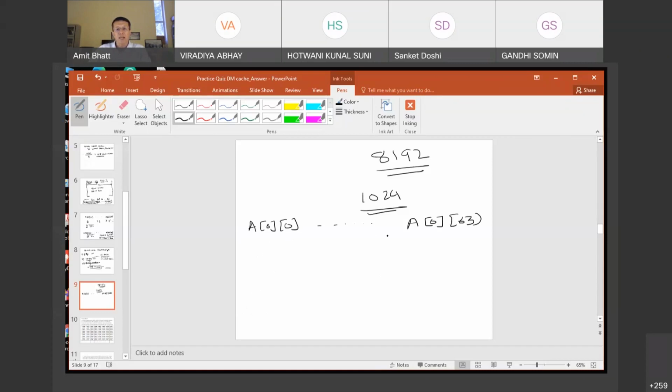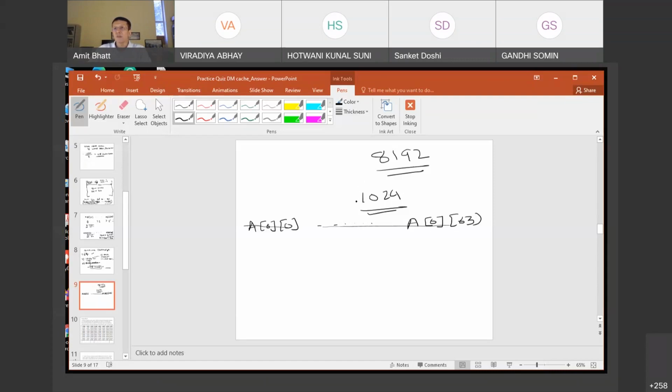So tell me how many such rows can be filled in a 1024 word cache, and which is the first cache line that would overwrite this. You should get back to your tag and index form. So I want you to think about this. I equals 16 will override I equals 0.